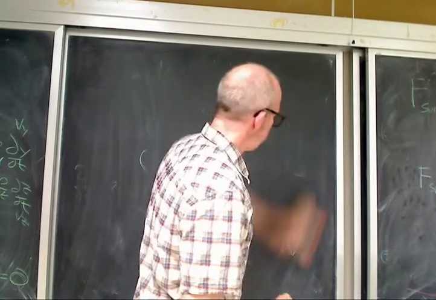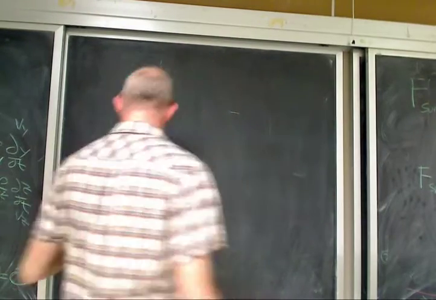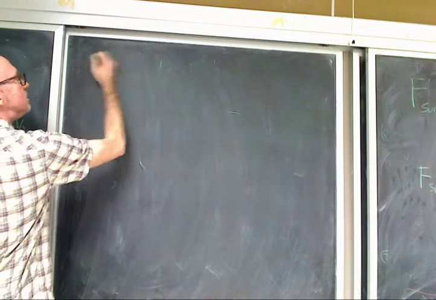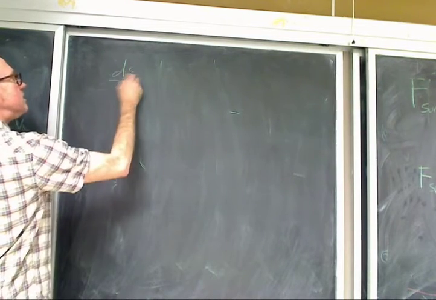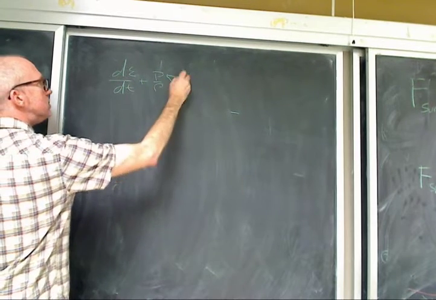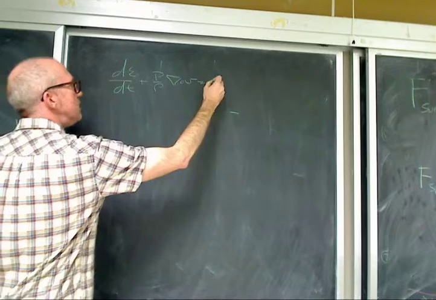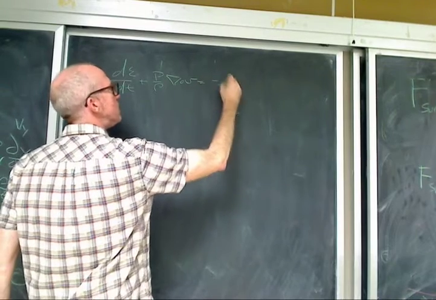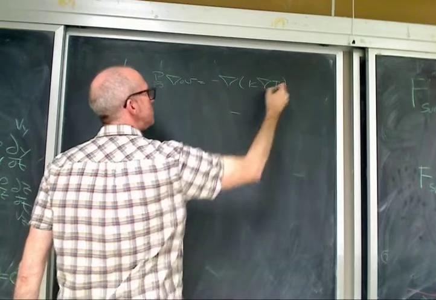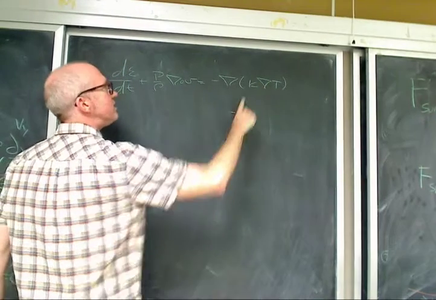I'm going to spend 30 seconds on something that's easier to deal with. So I got dE dt plus P over rho div V equals, what do we say, minus div K grad T. One of these are vectors.